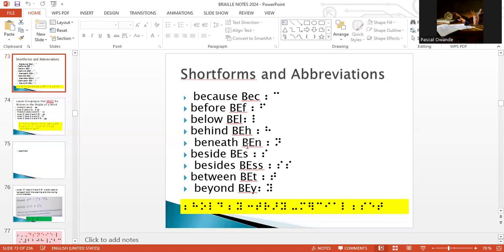Then we have beneath, lower BN, beside, lower BS. Then we have besides, which has es at the end, that is lower BSS. Between is written as lower BT. Then we have beyond, which is written as lower BY.